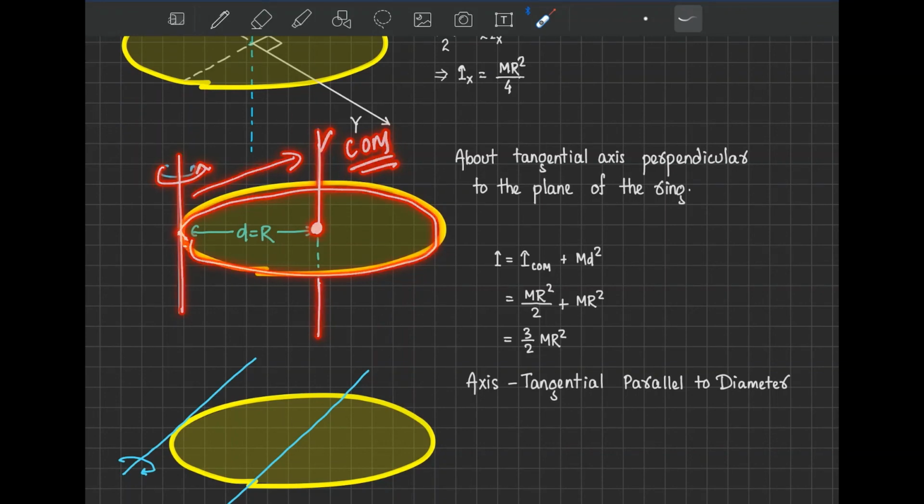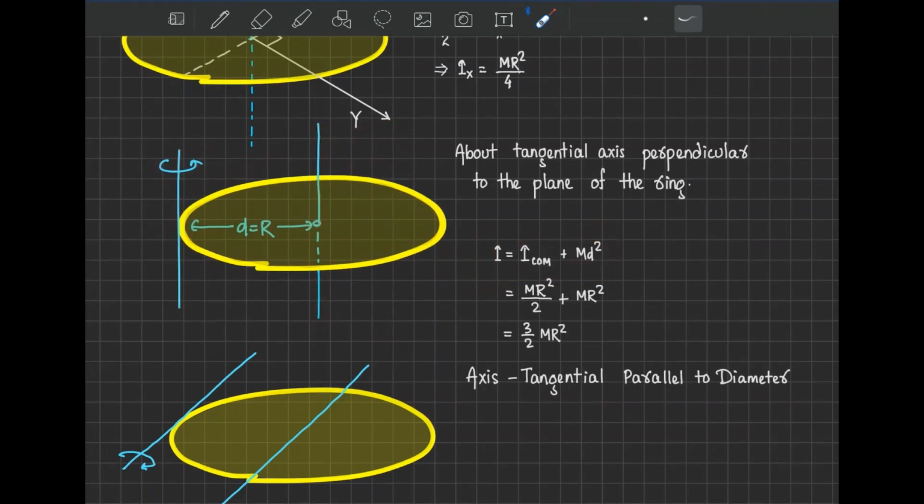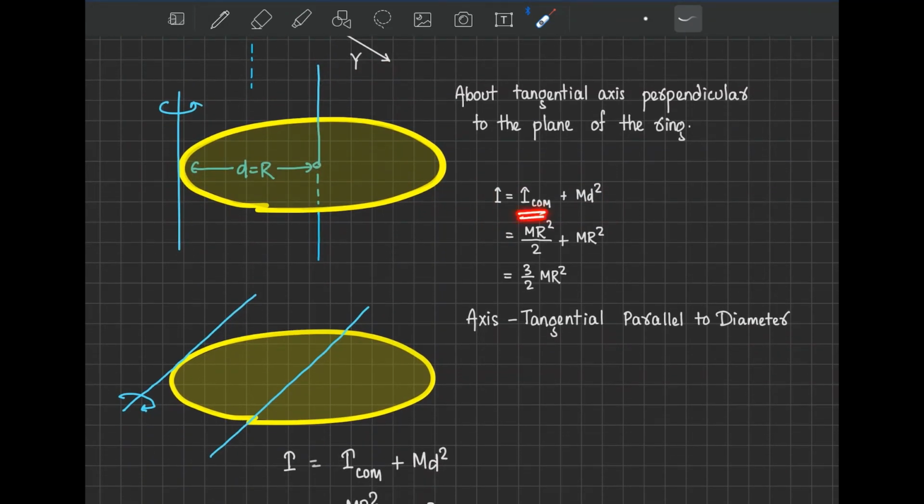Now if we apply I equals ICM plus Md square, this is the perpendicular axis theorem, sorry, this is the parallel axis theorem. Now let's solve ICM. ICM means the moment of inertia about our axis through the center. This is mR square by 2, we have already calculated this.